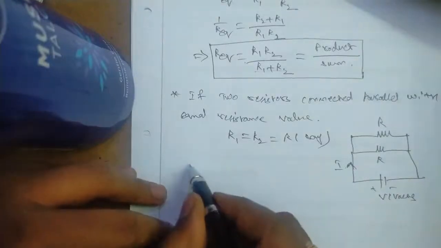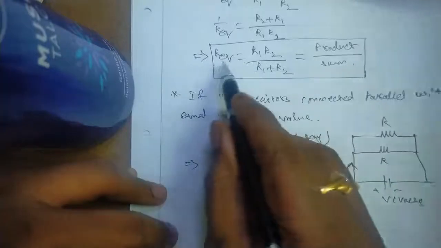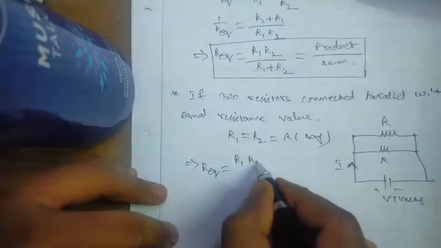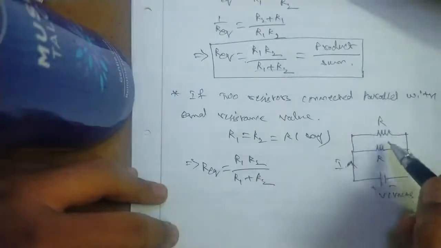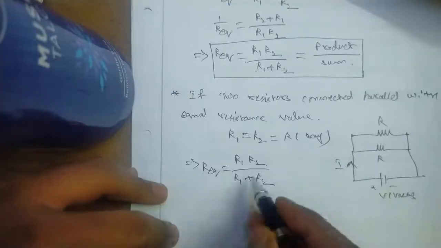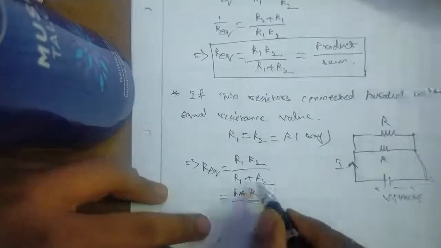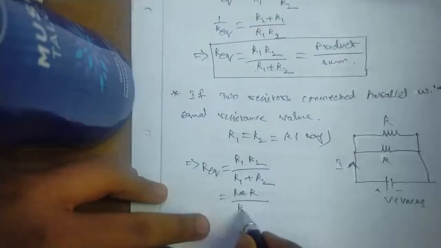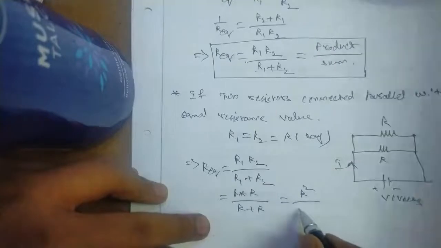Now R equivalent is equal, see here, if two resistors are connected in parallel in the sense, that is R equivalent is equal to product by sum, that is R1 into R2 by R1 plus R2. But what we observe here in the circuit, both the resistances are with the same resistance value, that is R into R by, in place of R1 or in place of R2 we may write R, that is R plus R, it is equal to R square by 2R.